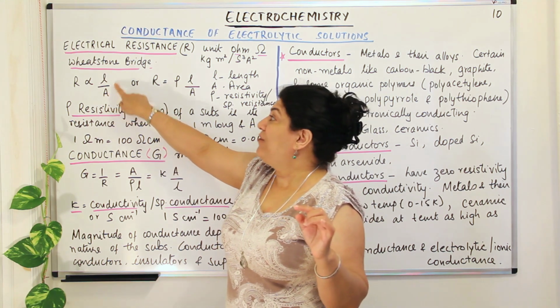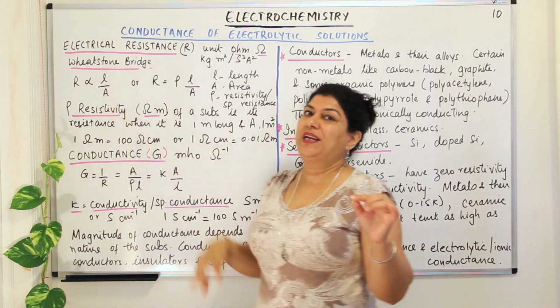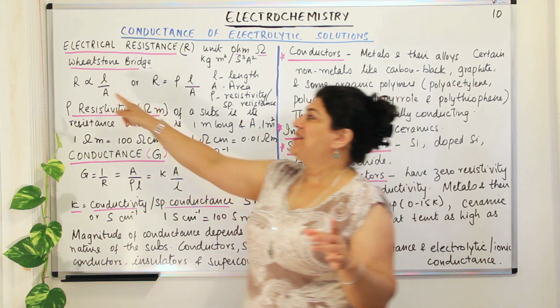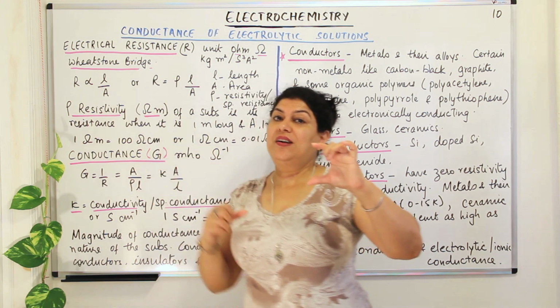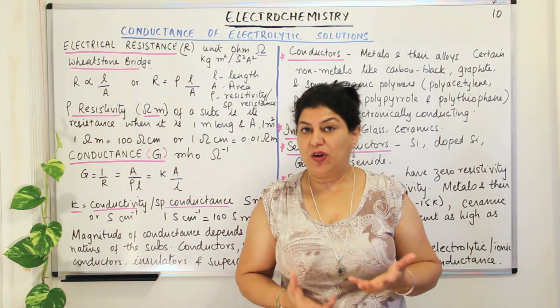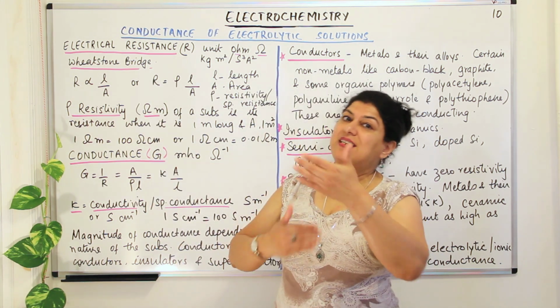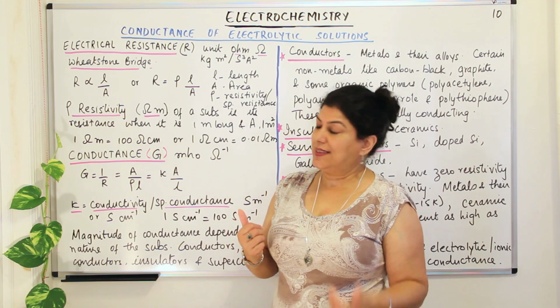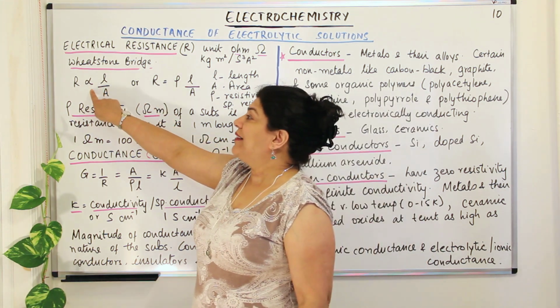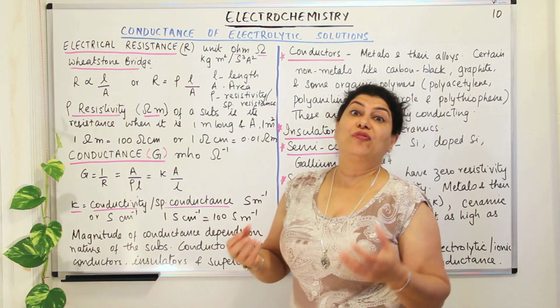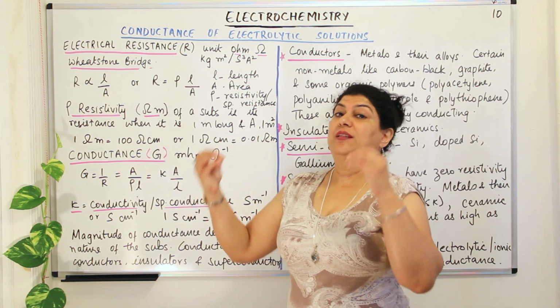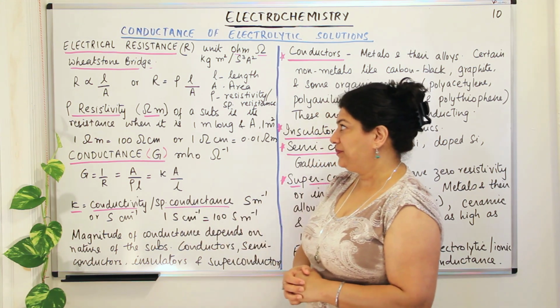Therefore, although the length is the same, the denominator becomes greater and the resistance becomes less. So the thicker the substance is, the more the area of cross-section, and the resistance is inversely proportional to it. So resistance is directly proportional to the length and inversely proportional to the area of cross-section of the substance through which the electricity is passing.